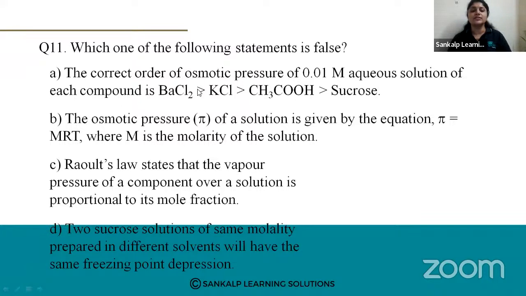C, Raoult's law states that the vapor pressure of a component over a solution is proportional to its mole fraction. D, two sucrose solutions of same molality prepared in different solvents will have the same freezing point depression.